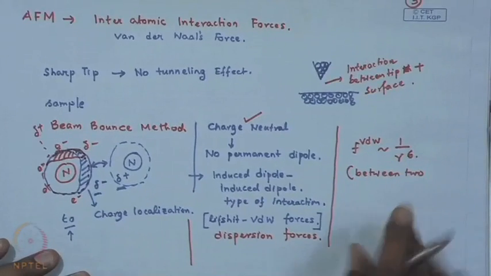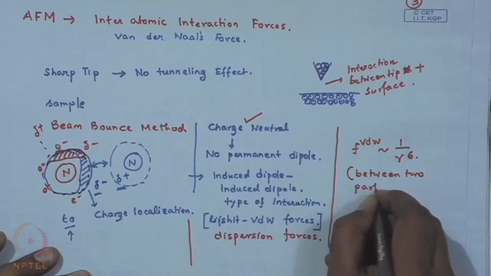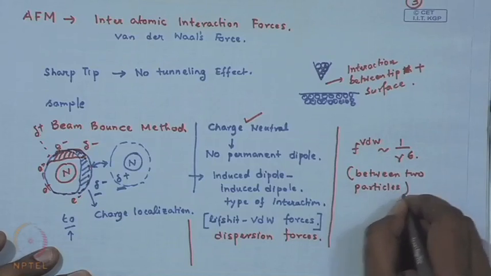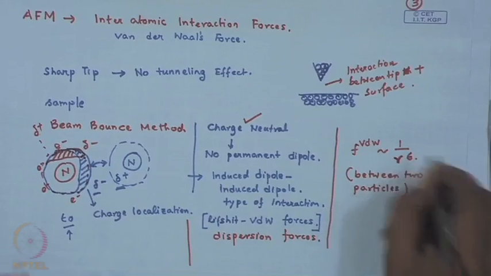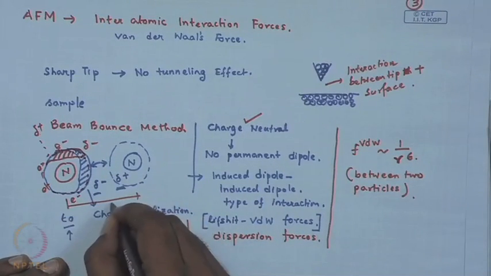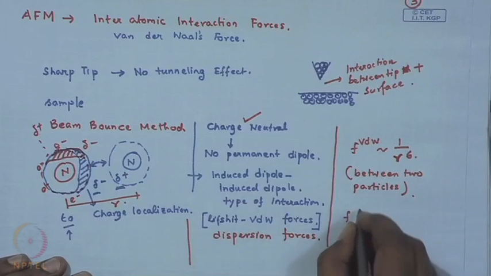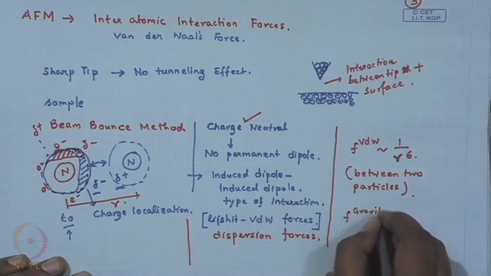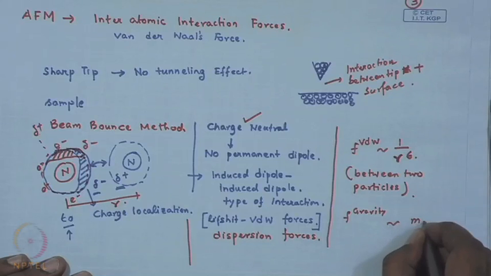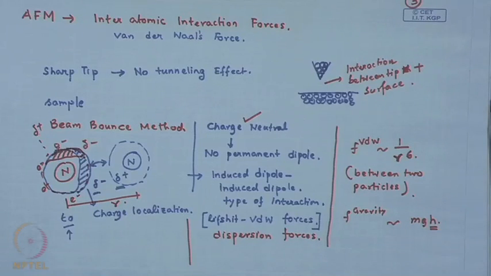between two particles, let us say atoms or molecules. So, r is the separation distance between the two. In contrast, your gravitational force scales with mgh, where h is the separation distance.